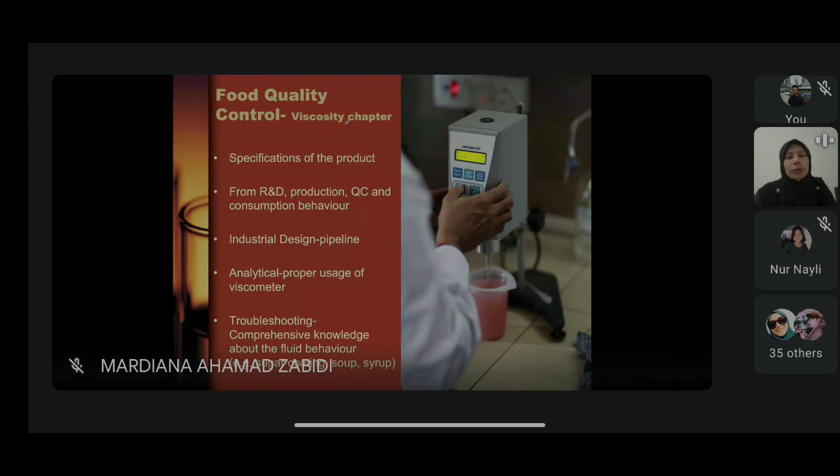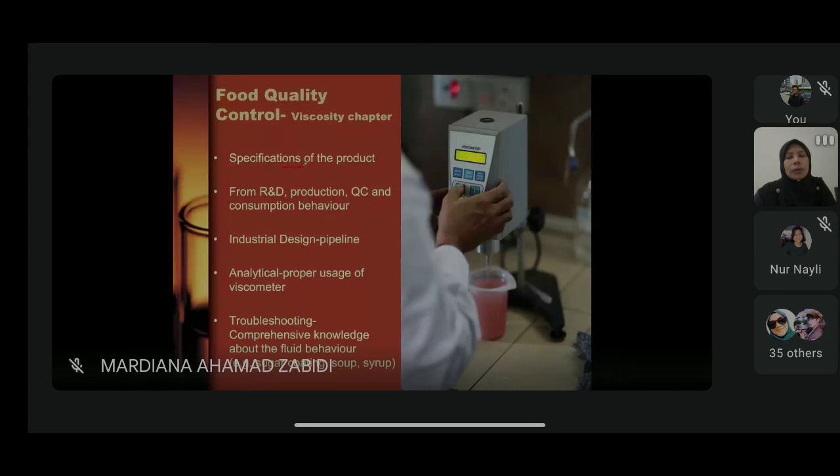Okay, so for a summary, when we are measuring the viscosity of the product, basically it is meant to have a routine check for the quality, and it must adhere to the set of standards and specifications of the product.